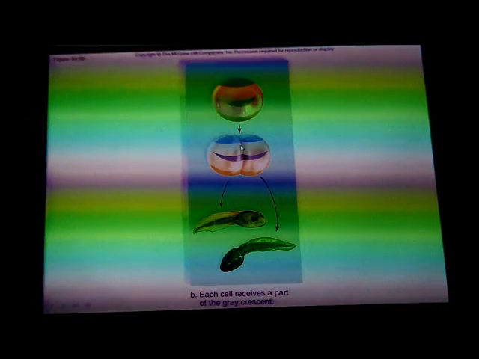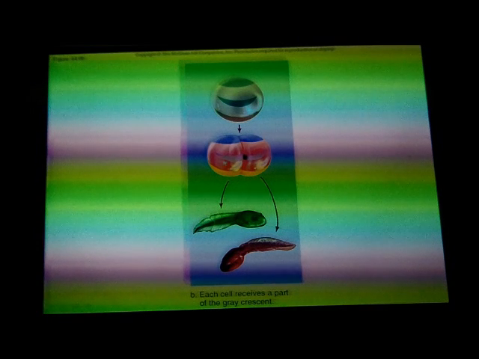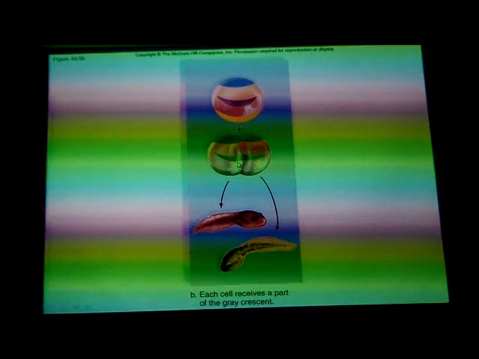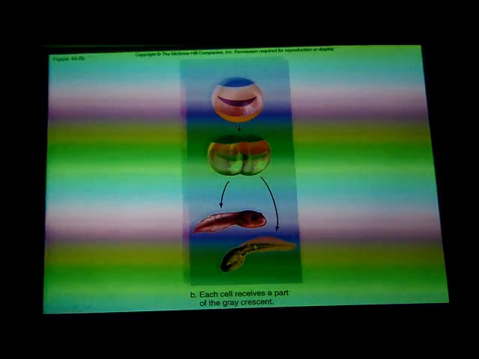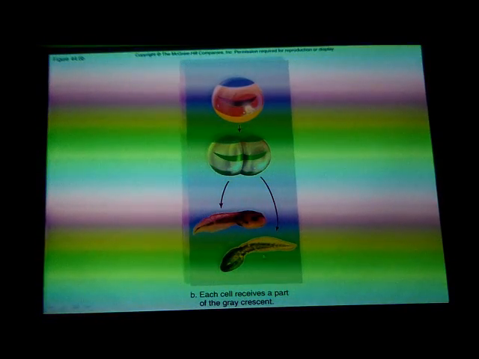As this cell divides, if it divides where it splits the gray crescent in half, each cell will develop into a tadpole. Those are identical twin tadpoles, by the way. Tadpoles can have identical twins, kind of like us. If you divide the cell in half, where the gray crescent splits in two, you get two identical twin tadpoles.